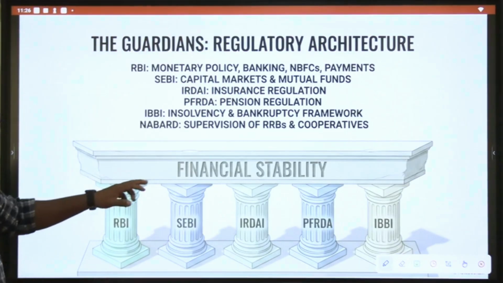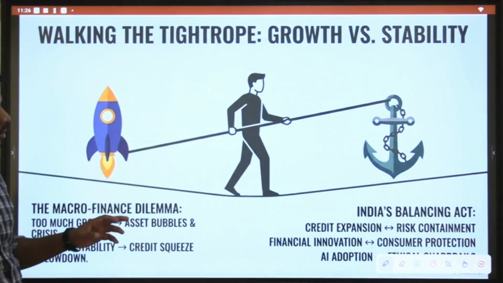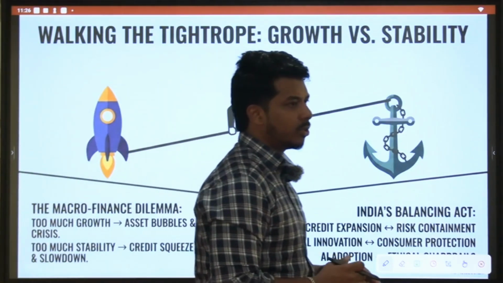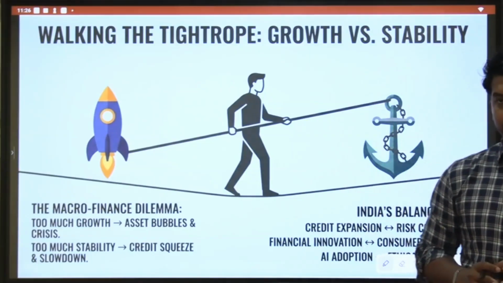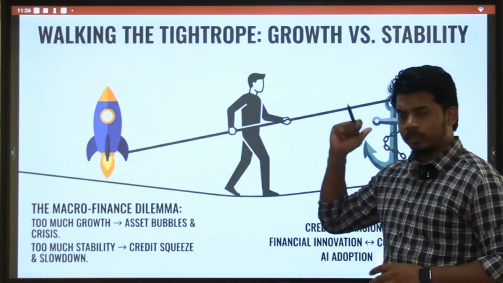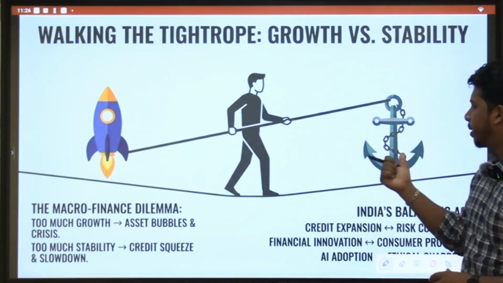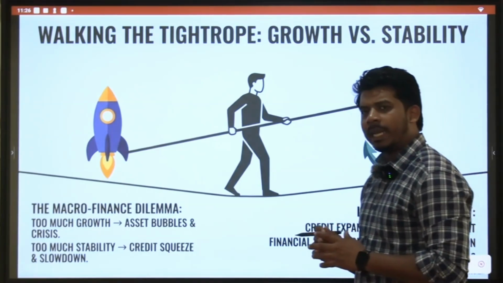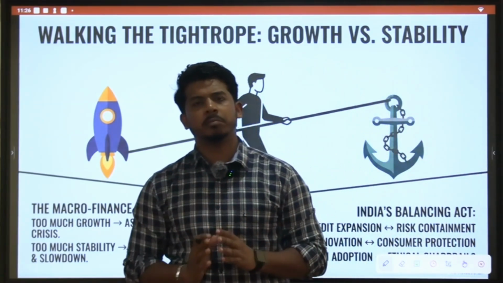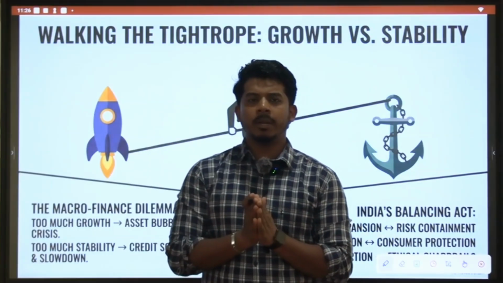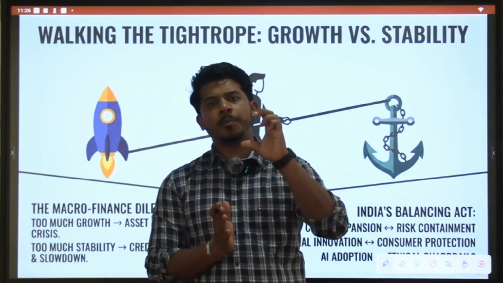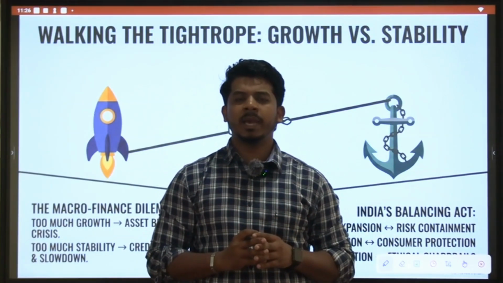Now you know what this chapter is talking about. It is also talking about balancing growth with stability. Take for example, banks give loans. What is the appropriate amount of loans a bank can give?